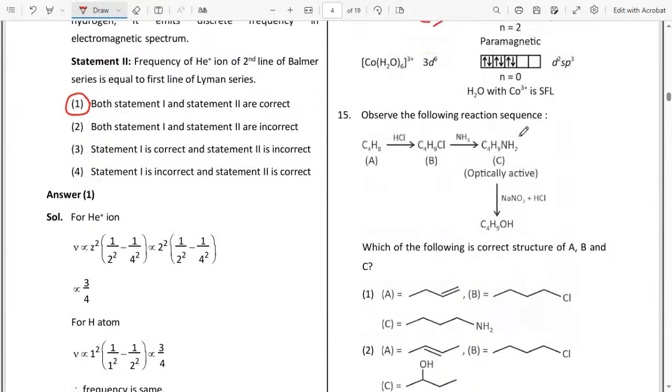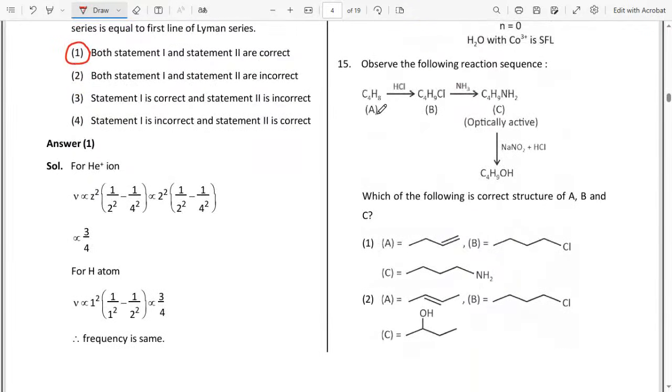Observe the following reaction sequence. What is happening? C4H8. So there is alkene. Upon HCl reaction, halogenation is taking place, and upon ammonia reaction, yes, it is giving amine, and it is optically active.